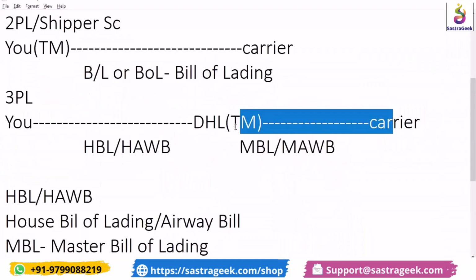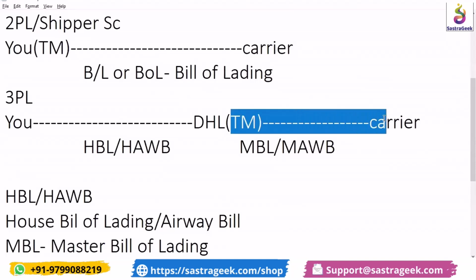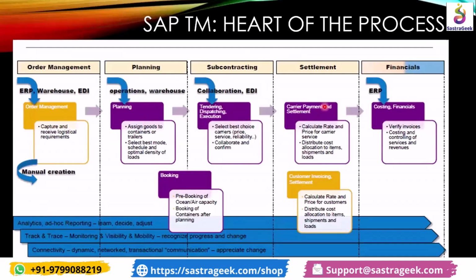One kind of payment is when DHL pays the carrier, which is called carrier payment. Another kind of payment is what the carrier receives from you. So both kinds of payments are taken care of, and these are the same settlements which are raised in your TM system. And if you have your TM integrated with your finance system, these are moved to the finance system. And once it is moved to the finance system, it gets settled on the finance side.